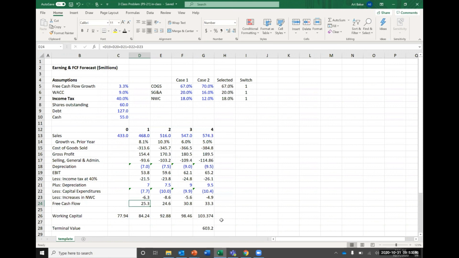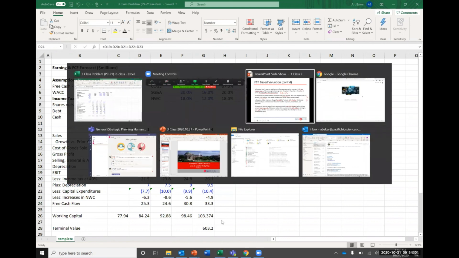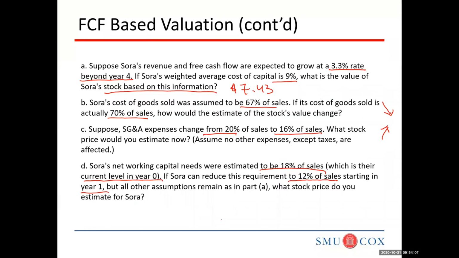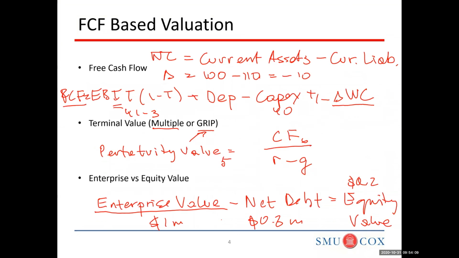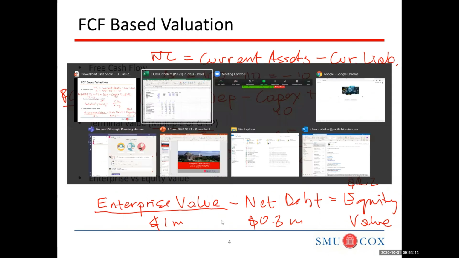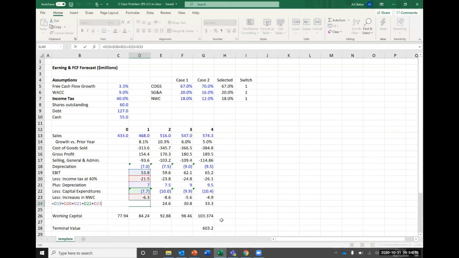Well, let me step back. We were given this calculation, right? And you're right, we are taking EBIT and then subtracting tax. They followed this very formula. Remember this formula for working capital? EBIT plus depreciation minus capex minus change in working capital. They just replicated that formula in row 24.